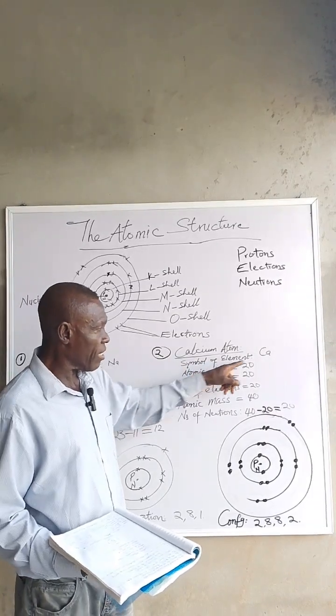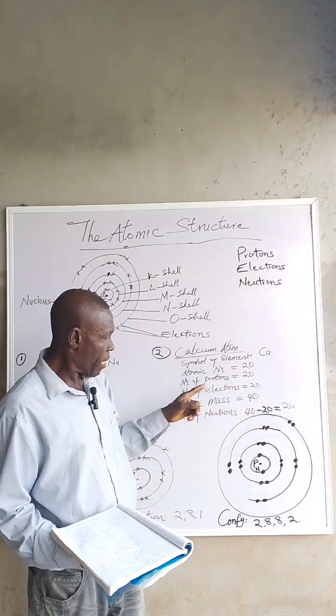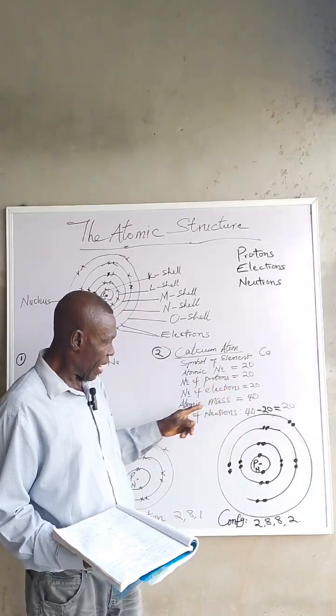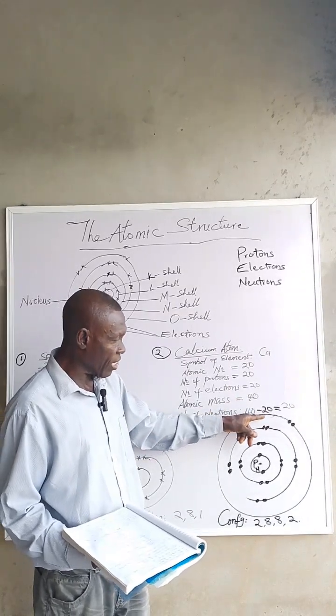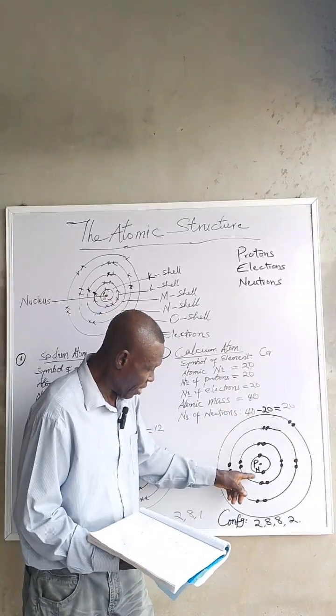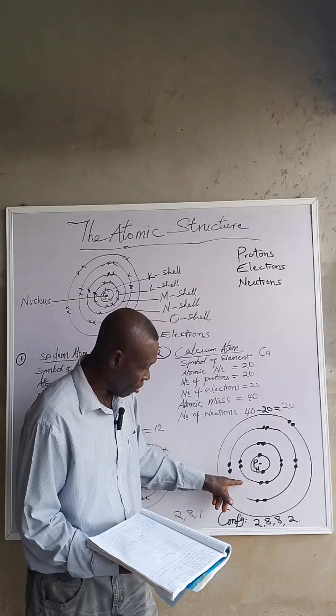Now let's take the example of calcium. Symbol of the element is capital C, small a. Atomic number is 20. Number of protons 20. Number of electrons 20. Atomic mass 40. So neutrons will be 40 minus 20, which is 20. So now coming to the structure, the first shell, the K shell, contains 2 electrons. The L shell, 8 electrons.